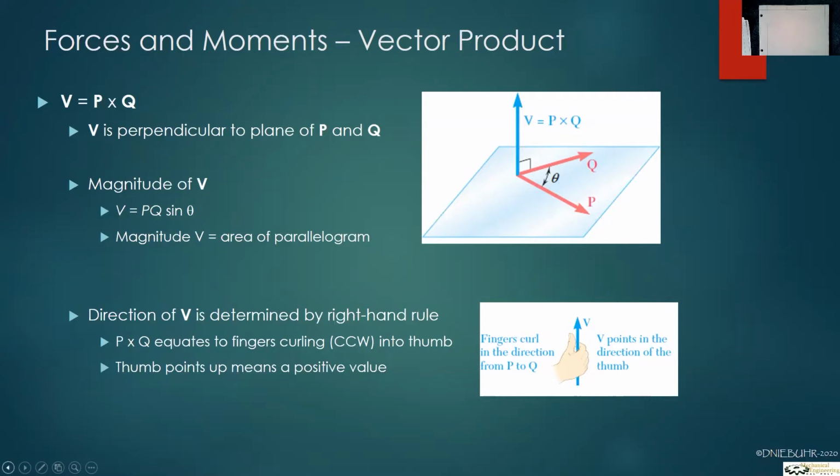And it turns out that the magnitude of V is actually equal to the area of the parallelogram that P and Q form. But that's not something we're going to deal with in this course. It's just more of an interesting math fact.